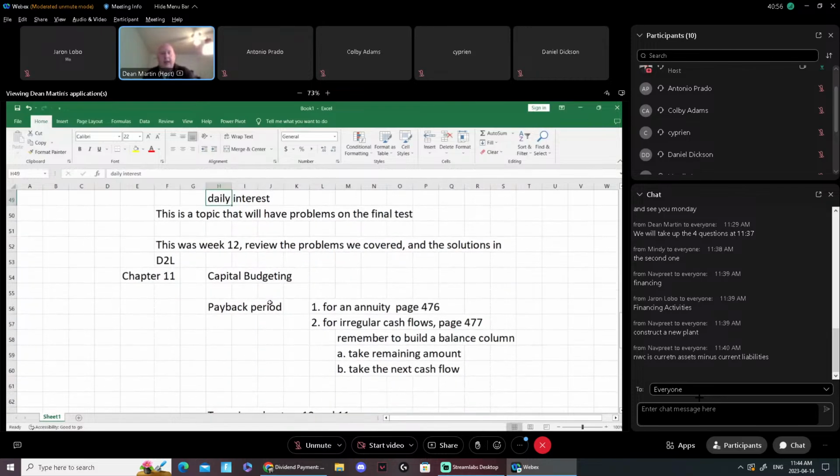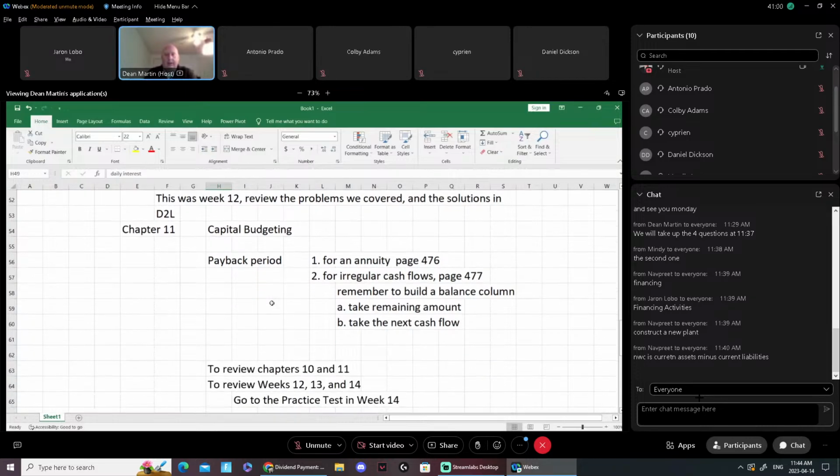And the last topic we covered in the course was capital budgeting. Payback period, net present value, and profitability index. Profitability index, to give you the page reference for those of you who are going in and looking at it, it's in chapter 11.